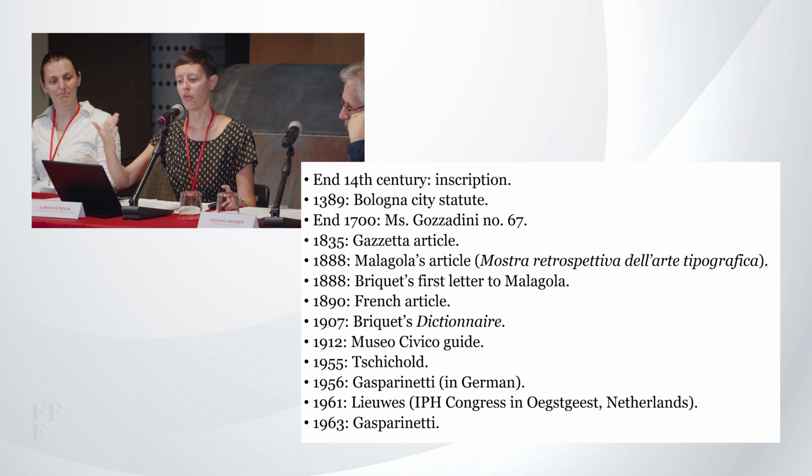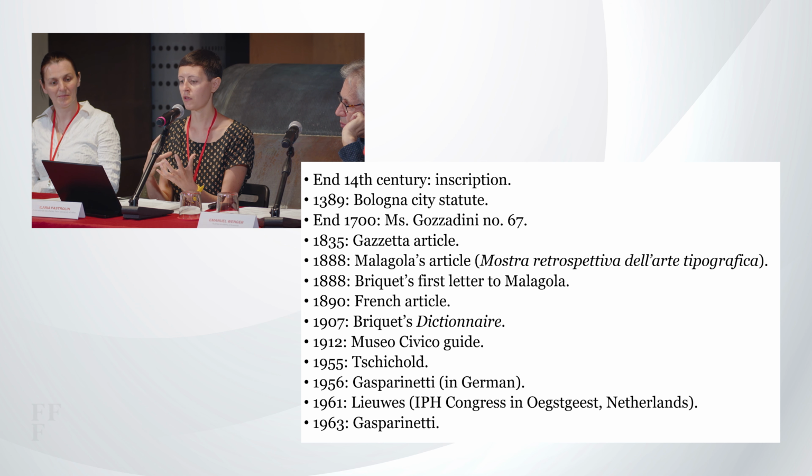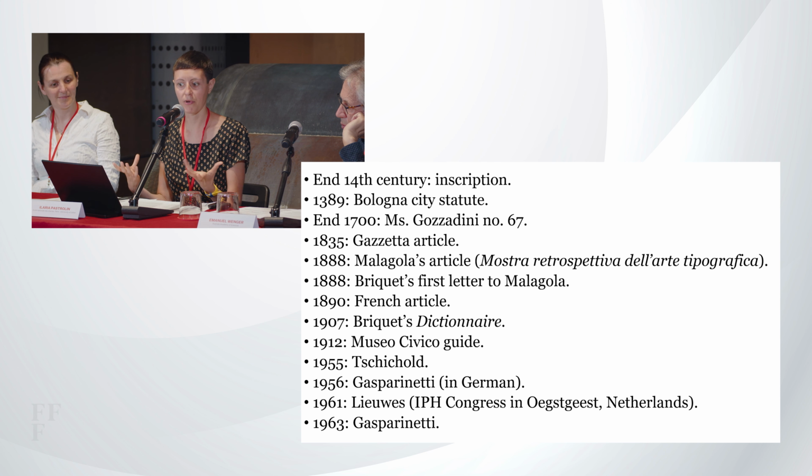So you can see that there is a gap between the Gozzadini manuscript and then sources that just mention the stone, then Briquet, who finally drew attention and published an image, and then the later sources, Gasparinetti, Liuves, who put the Bologna stone in relation to the Bologna city statute.